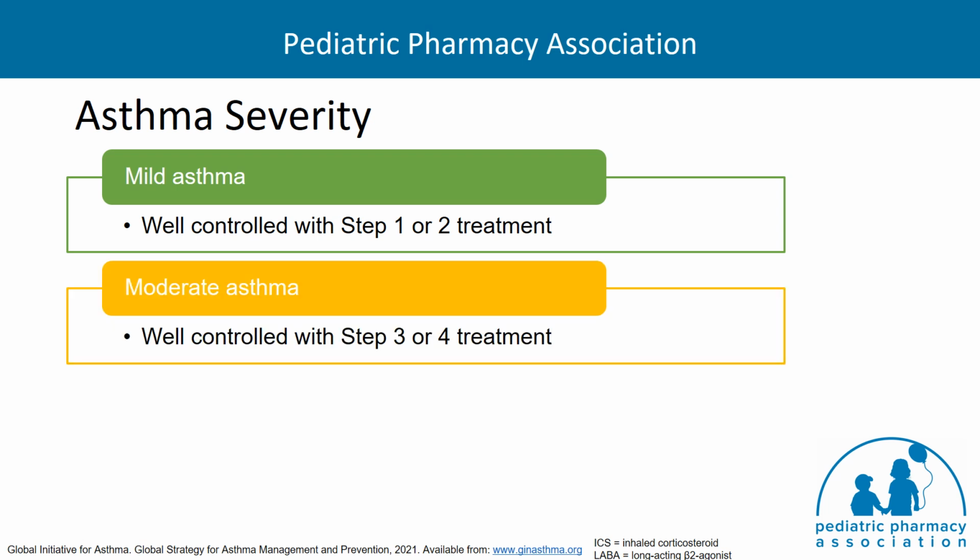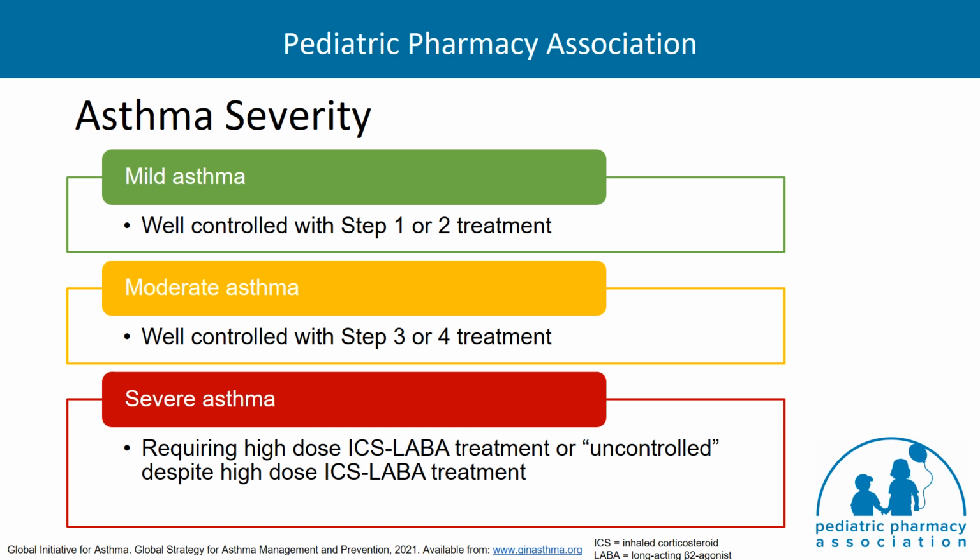Moderate asthma is classified as asthma that is well controlled with step 3 or 4 treatment regimens. And finally, severe asthma classification is reserved for those patients who require high-dose inhaled corticosteroid long-acting beta agonist treatment or remain uncontrolled despite high-dose inhaled corticosteroid long-acting beta agonist treatment.